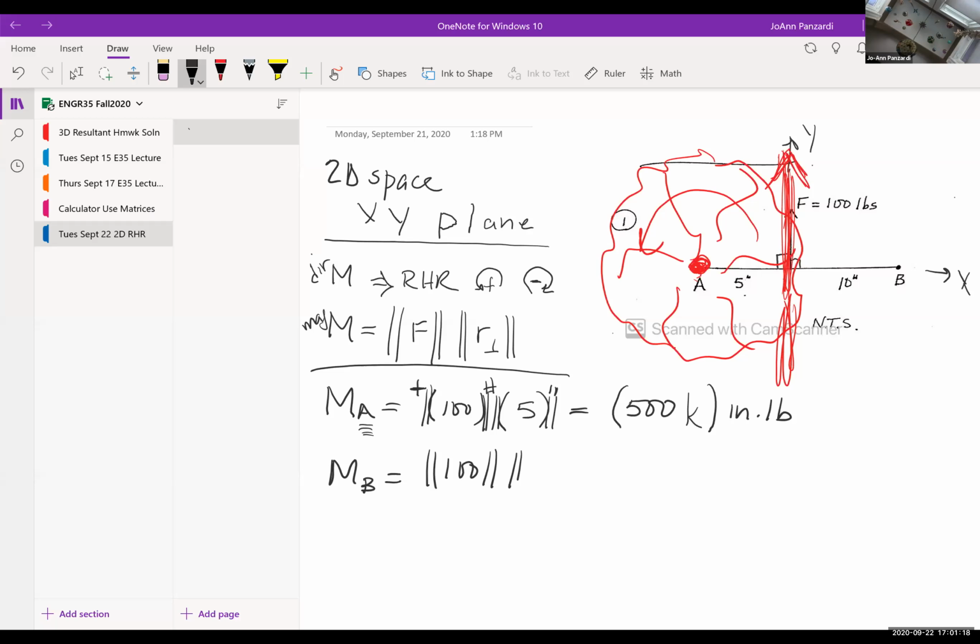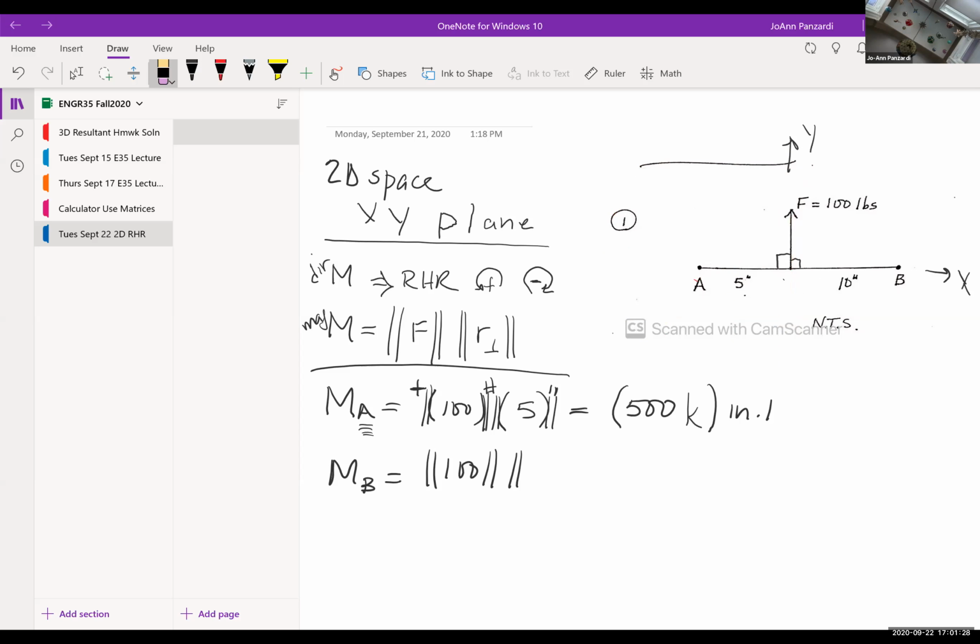What's the magnitude of the perpendicular distance from the force to point B? 10. I'm going to erase all this other stuff so that it doesn't confuse. My force is still here. What's the perpendicular distance from the force to B? 10 inches. Thank you.